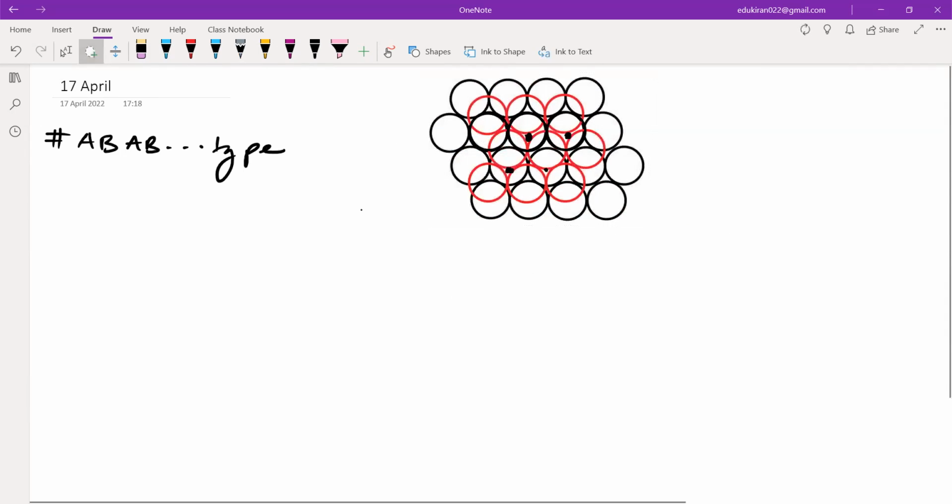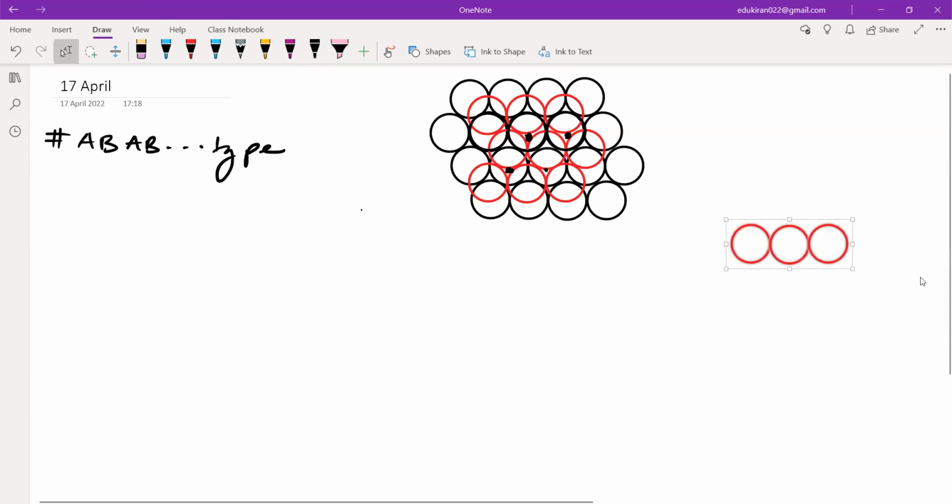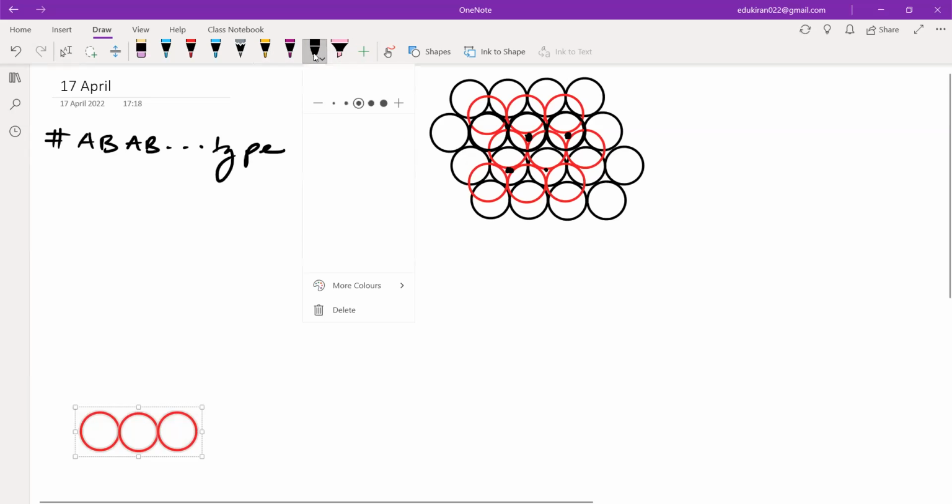Okay. So now I can take any set of atoms. So this is the packing that we had. I can take any set of atoms. So what I will take, I will initially start with the black atom like this. I'll have 6 black atoms.